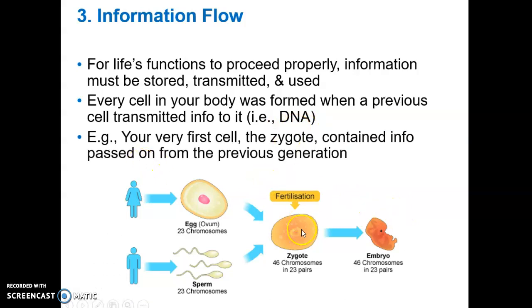So the very first cell that you started out as is a fertilized egg, a zygote, fusion of an egg or ovum from mom and sperm cell from dad. We inherited our genetic information from our parents, and as we undergo growth and cell division, all of our cells inherit the genetic information from what we call the parental cells.